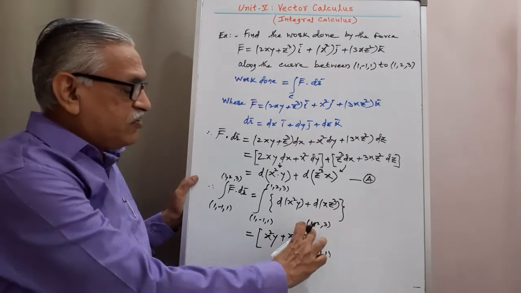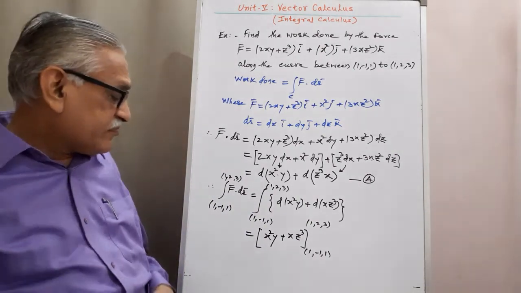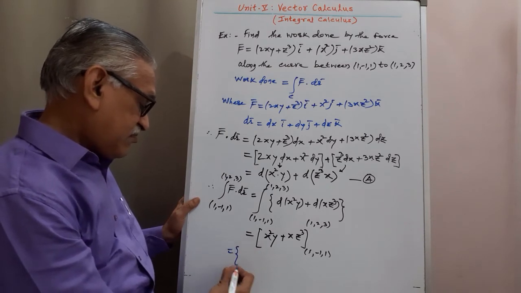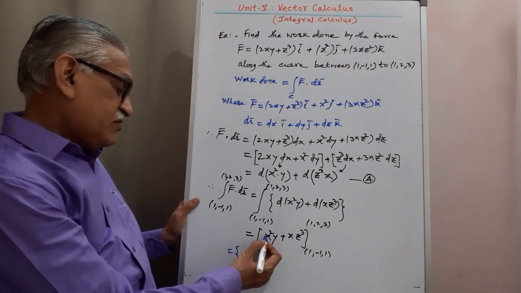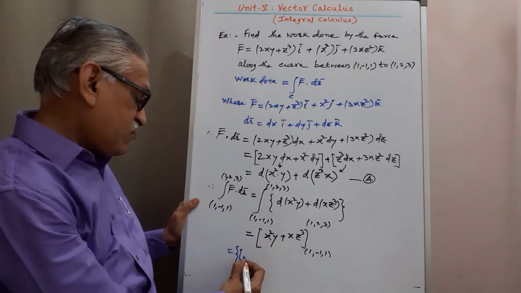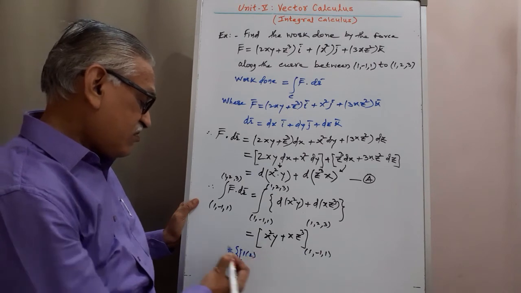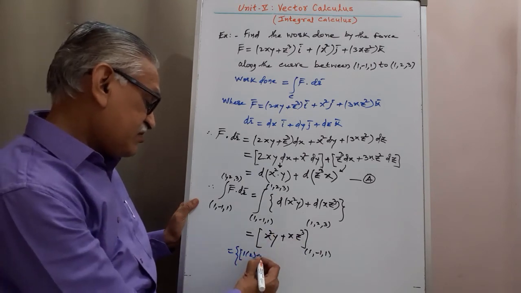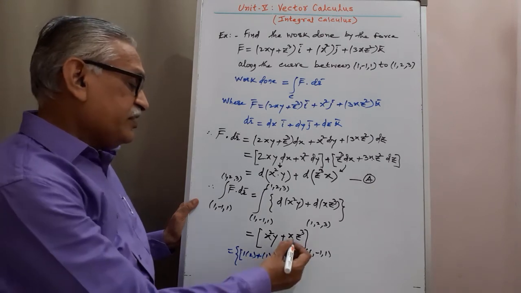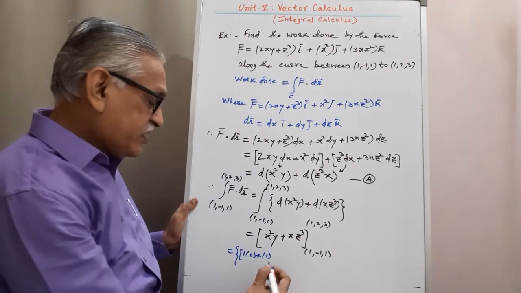Therefore, substituting upper and lower limit, we get it is equals to, for upper limit, when x is 1, it is 1 square into y is 2, plus x again 1, z cube, z is 3, 3 cube is 27.